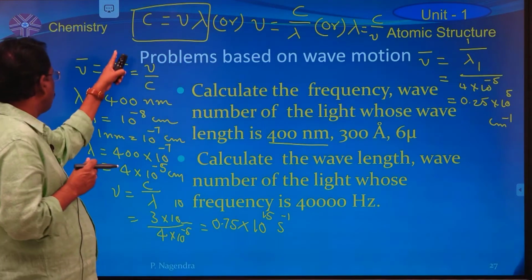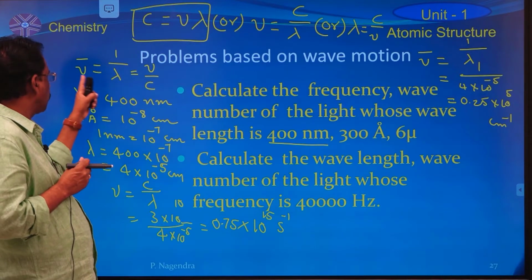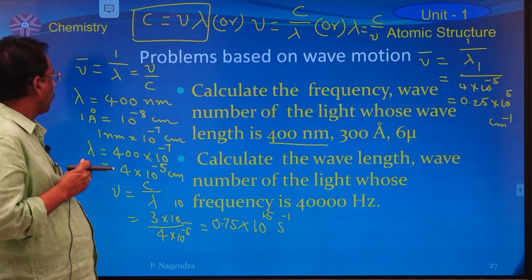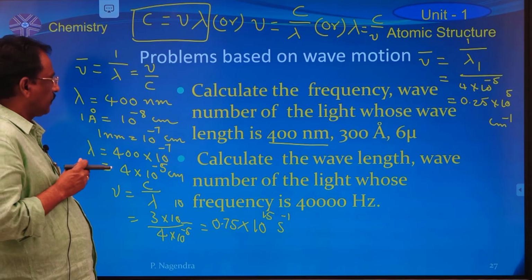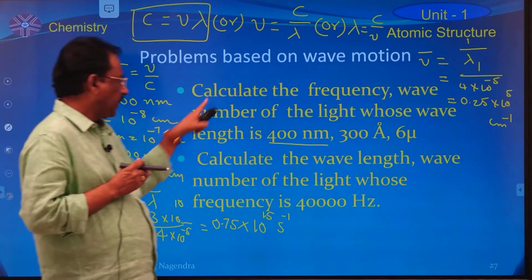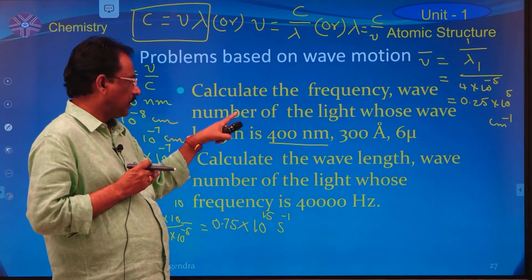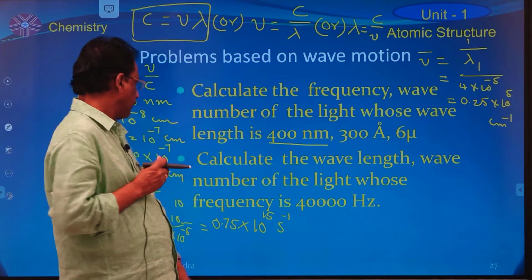The reciprocal of the wavelength in centimeter or meter is equal to wave number, which is nothing but nu by c. So this is the way of calculating the frequency and wave number of light whose wavelength is given.